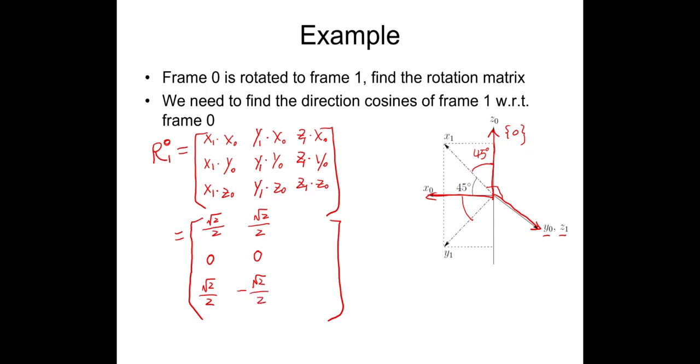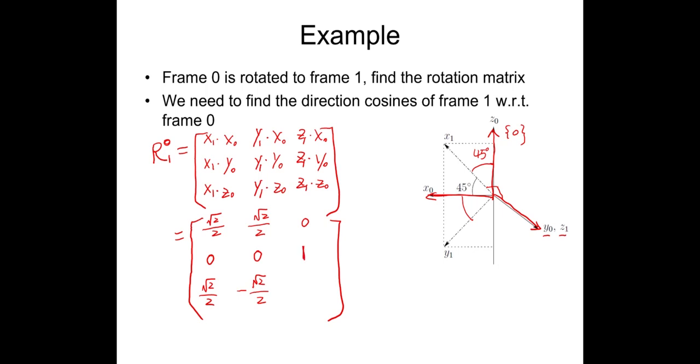And the last column, I have my z1. Here z1 and x0 are perpendicular, so cosine 90 is 0. And z1 and y0: the dot product is 1 times cosine 0, because they're the same axis, so the angle is 0. So cosine 0 is 1.